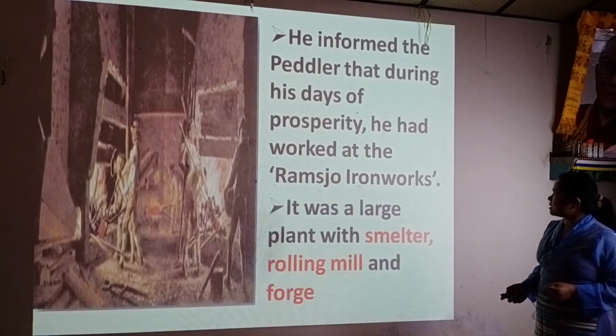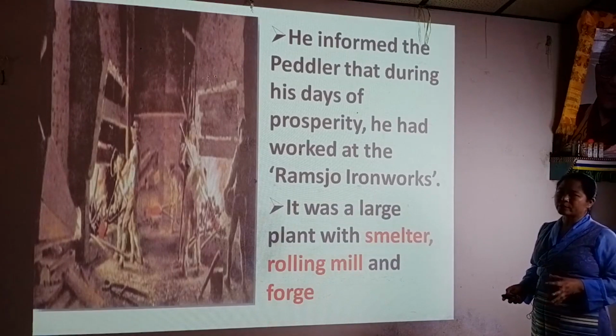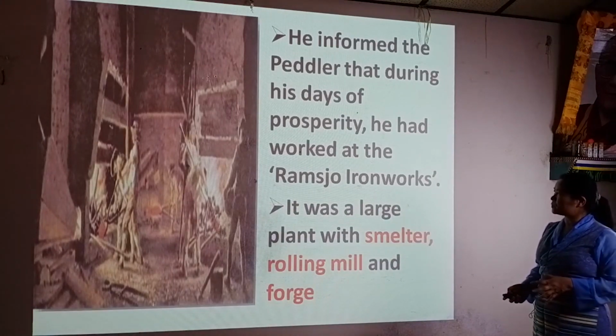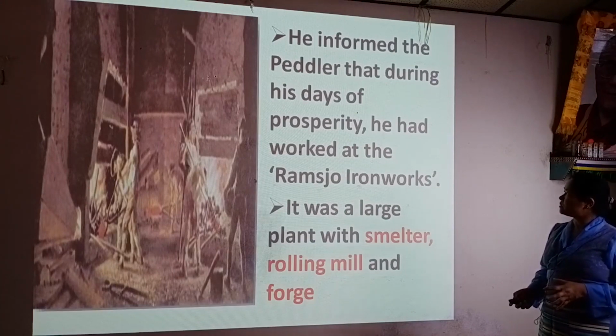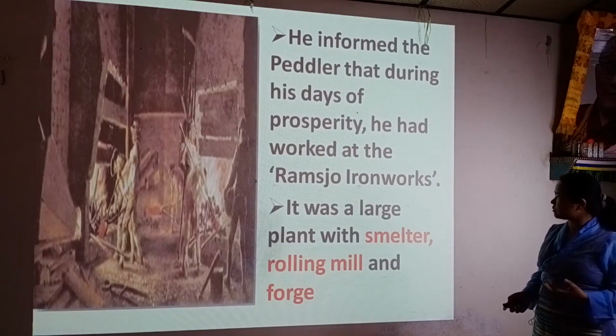It was a large plant with smelter, rolling mill, and forge. These are the words which have been used in the textbook, and it is important for you to understand these words. So he said it was a very large iron plant, equipped with all the necessary things like the smelter, the rolling mill, and the forge.